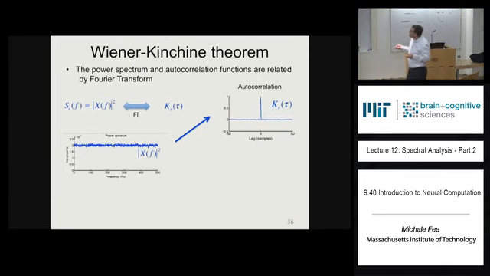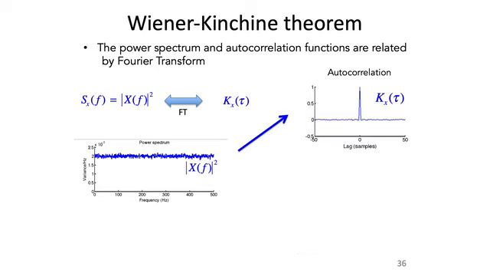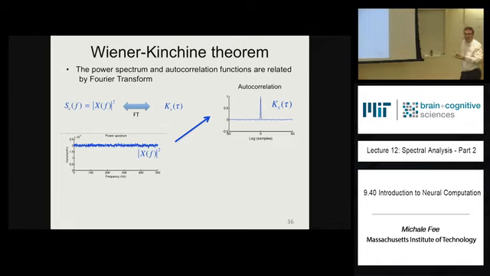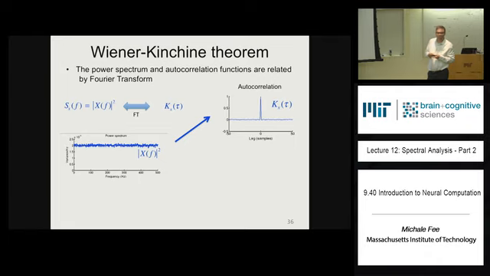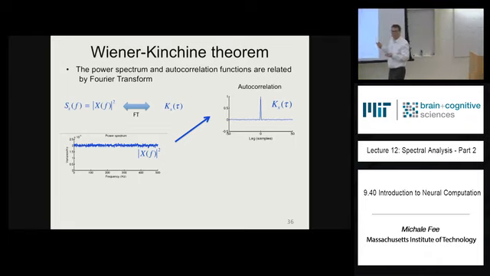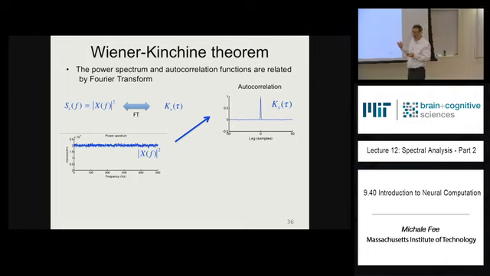It turns out that the power spectrum of a signal, the magnitude squared of the Fourier transform, is just the Fourier transform of the autocorrelation. So what's the Fourier transform of a delta function? Anybody remember that? It's a constant.